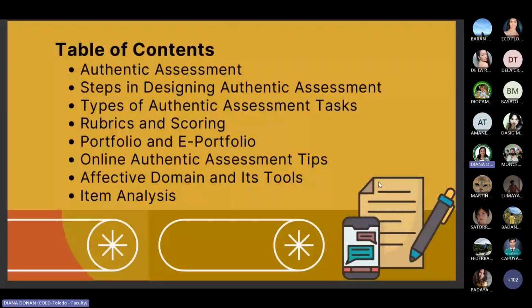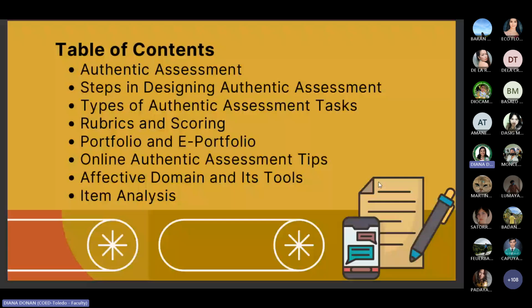First, we will define what is authentic assessment, then steps in designing authentic assessment, types of authentic assessment task, rubrics and scorings, portfolios and e-portfolios, online authentic assessment tips, affective domain and its tools, and lastly, we have the item analysis.